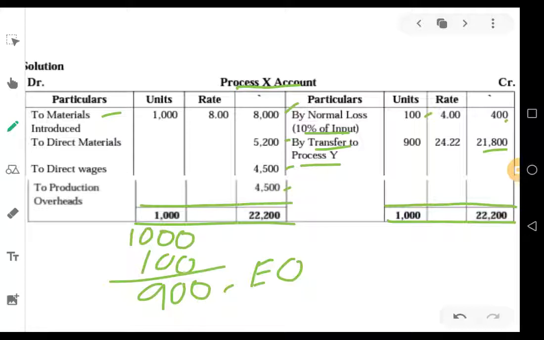And you can also calculate the rate at which this output is transferred to the next process.